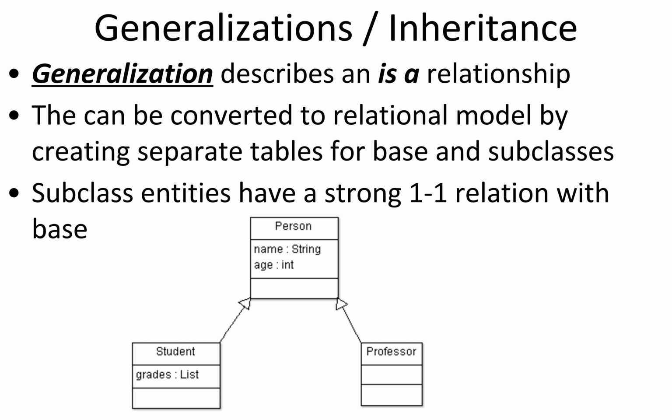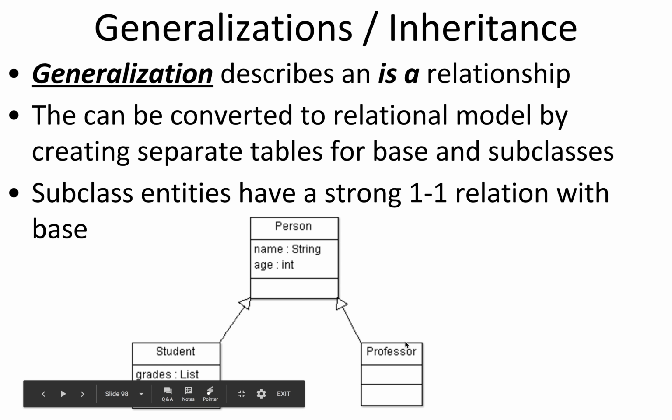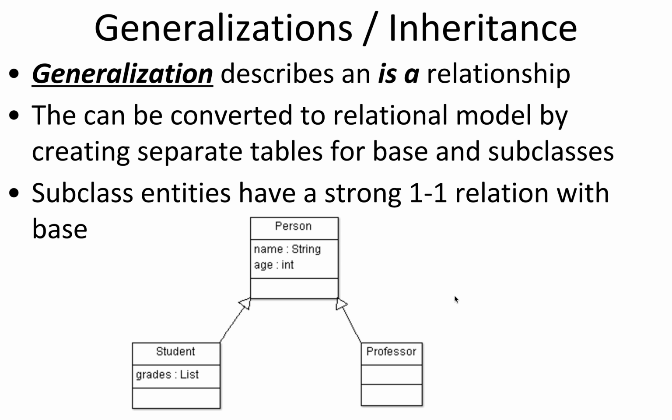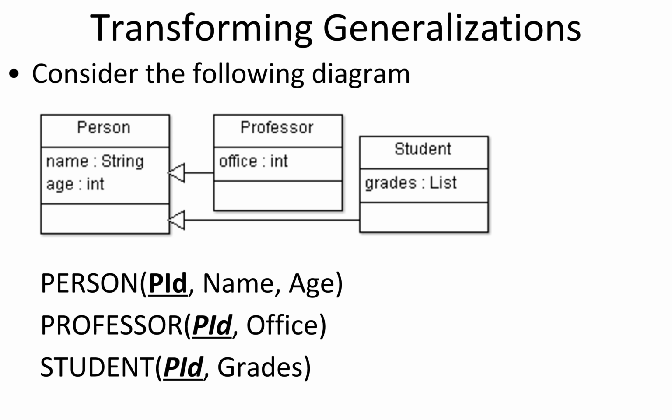Generalizations and inheritance. We talked about this, right? Where you might have different special cases of people, such as students and professors, having special data, but might have different common pieces of data that are captured in a base superclass, like a person. Here's another one that would be implemented, such as this.